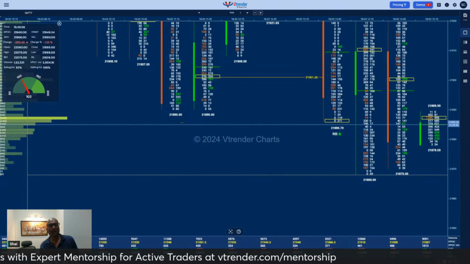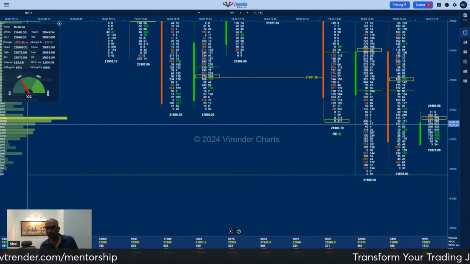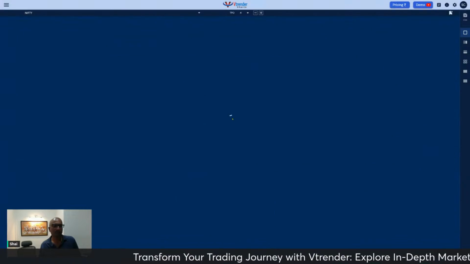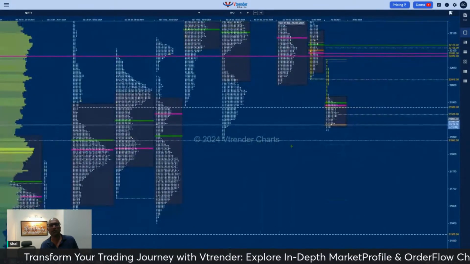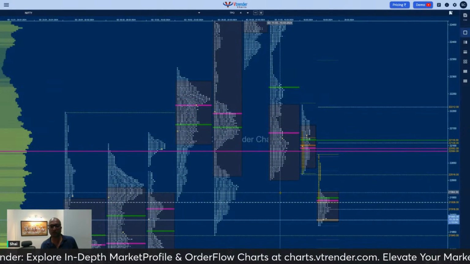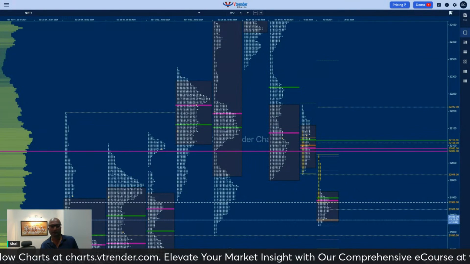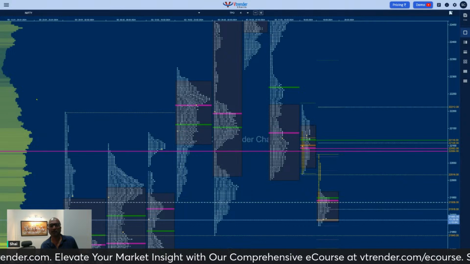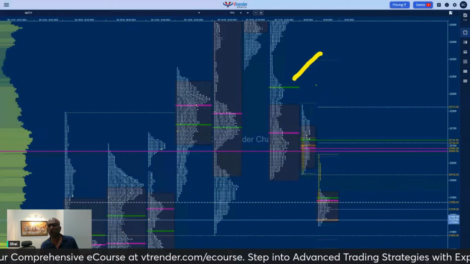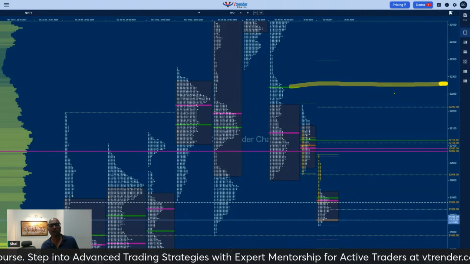Now this is the day profile and this is the 30-minute profile. You can also have a look at this in a weekly time frame. I always make it a point to find out what the market is doing relative to where it was trading in the previous week. This is a weekly profile, and this is the VWAP of the week which has gone previously, around 22,260 to 270.